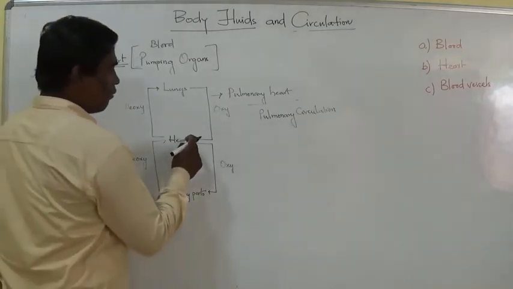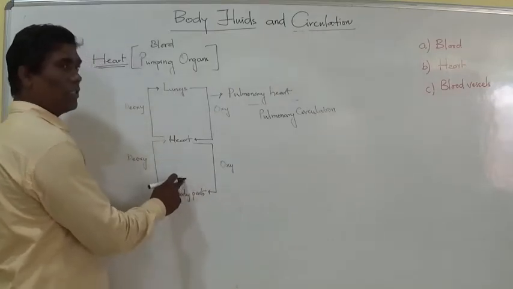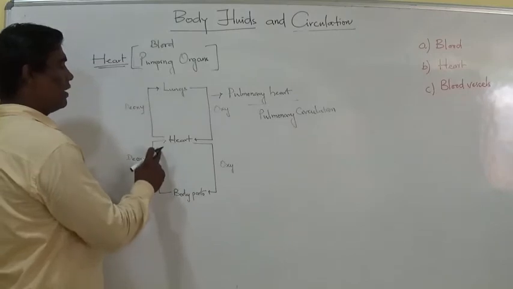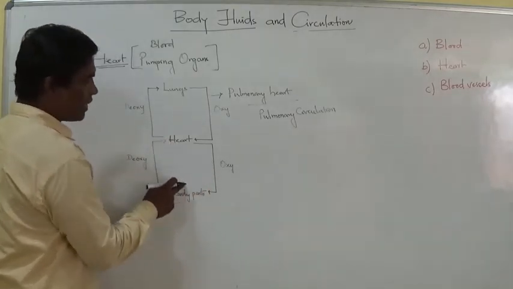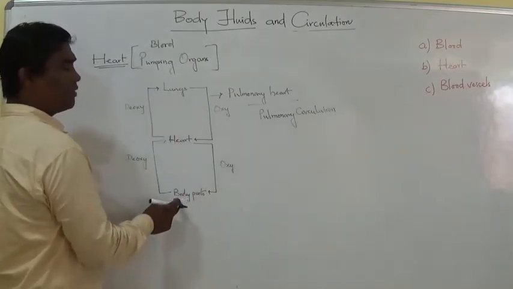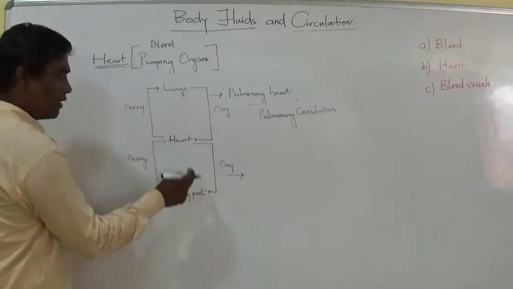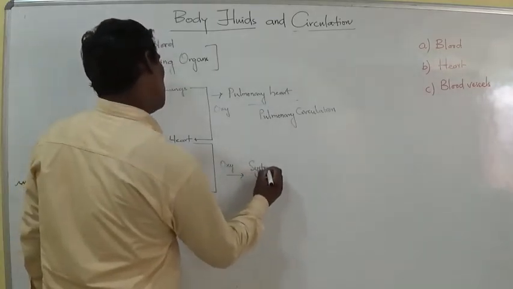Whereas once the oxygenated blood reaches the body parts, after utilization of this oxygen, these body parts will release the deoxygenated blood again to the heart. You can see that a different circulation arises between the heart and the body parts. Such a circulation taking place between the heart and the body parts is usually called systemic circulation.